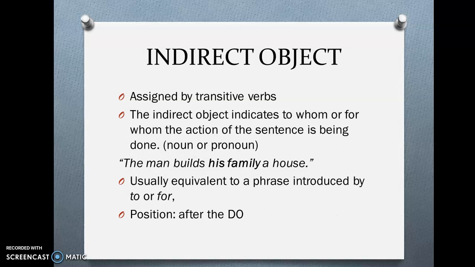The house is the direct receiver of the building action, whereas the family is the indirect receiver. That's the reason why an indirect object is usually equivalent to a phrase introduced by to or for, and its default position is after the direct object.